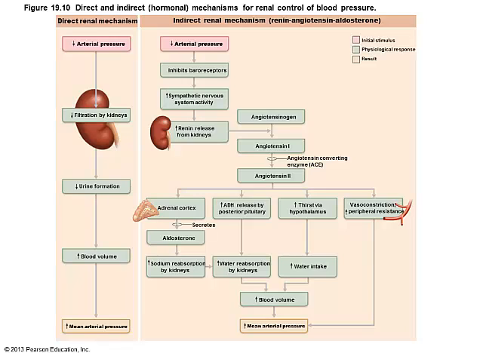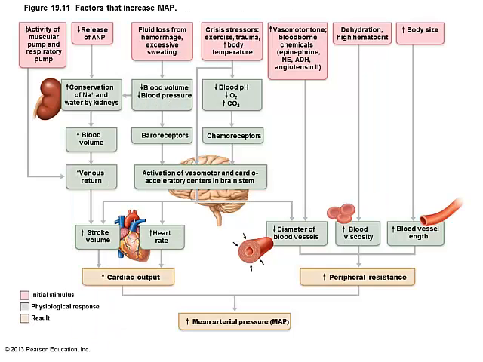So we see again a repeat of some of the players that we just talked about in our discussion. Some of the factors that are going to increase our mean arterial pressure are discussed in this diagram here. So different things like the muscular pump, release of some of the hormones, any changes to the volume. So when we decrease volume and decrease pressure, we decrease fluid and we decrease what? Resistance.